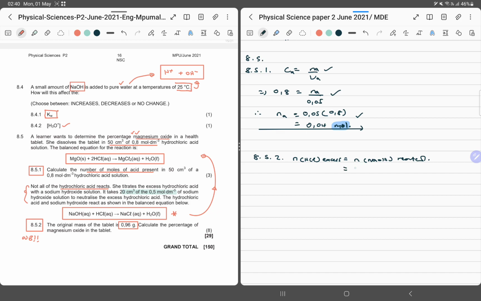So what is that? It's going to be concentration multiplied by volume. So this is the concentration of base multiplied by the volume of base, which is 0.5 into 0.02. You convert that 20 centimeter cubed to decimeter cubed this time around.